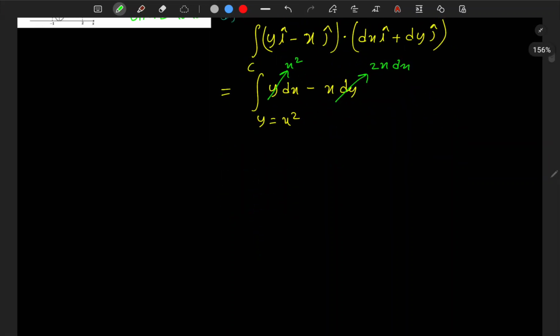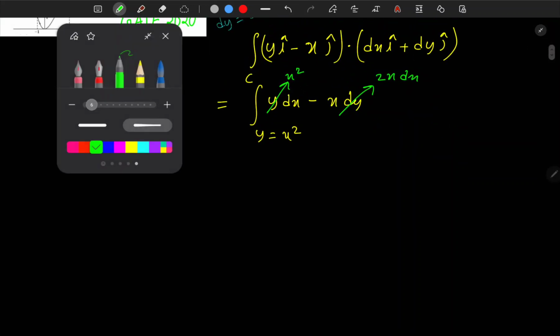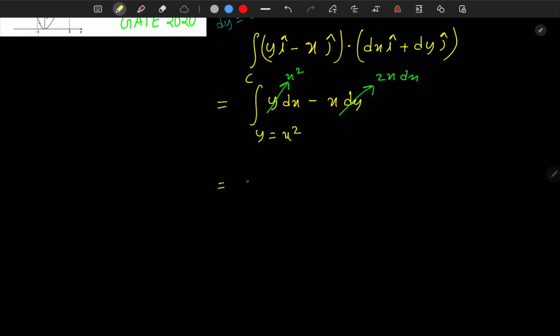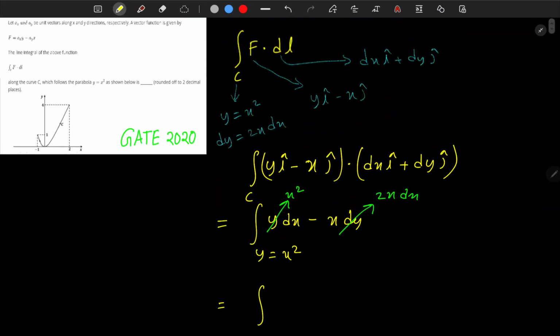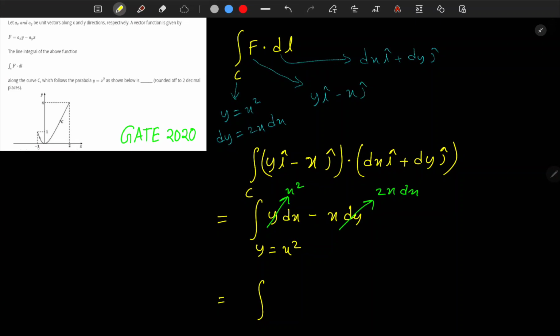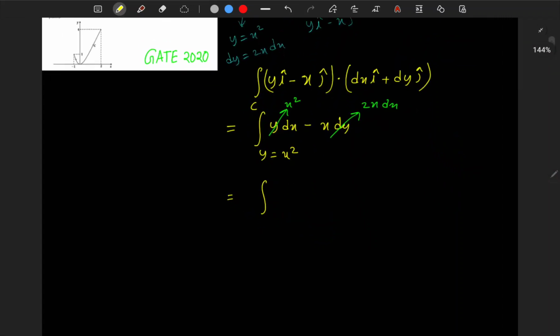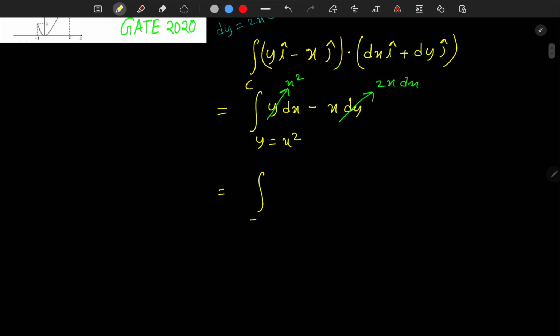After replacing, you know that x varies from -1 to 2. Everything is in x, that's why we do x varies from -1 to 2. So we get x square minus x into 2x dx.